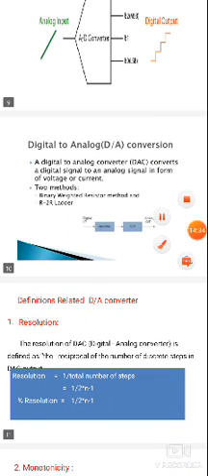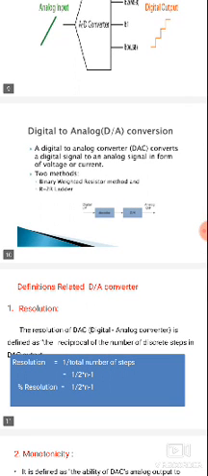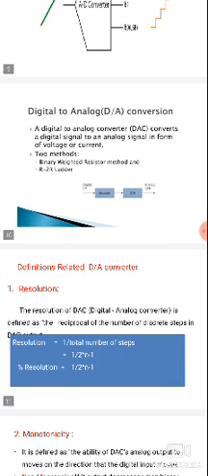A digital to analog converter converts a digital signal into an analog signal in the form of voltage or current. The digital signal is binary 1s and 0s. The discrete inputs are given to the D2A converter, and then we get the analog output. The analog output is in the form of voltage or current.